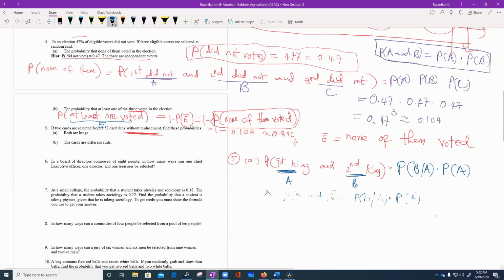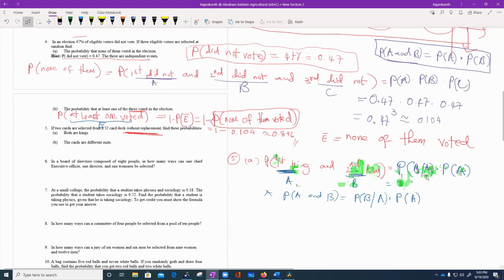Okay. Now if you use this formula here, could you explain in words the probability of first king and second king is equal to what? I have written it in A and B. Could you explain in words what is my event B here? Event B is choosing the second king, right? And event A is choosing the first king.